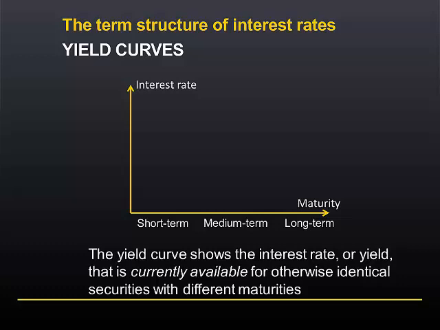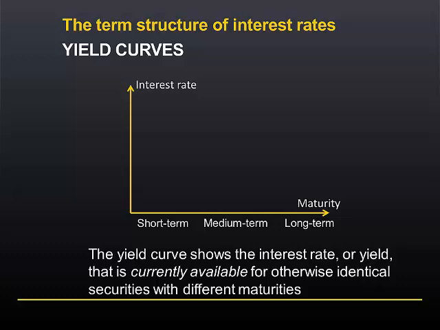Two important things to be noted. The yield curve shows the interest rate, or the yield, that is currently available for otherwise identical securities with different maturities. So the first part of that sentence is saying that the yield curve is not trying to tell you anything about what might happen in the future.